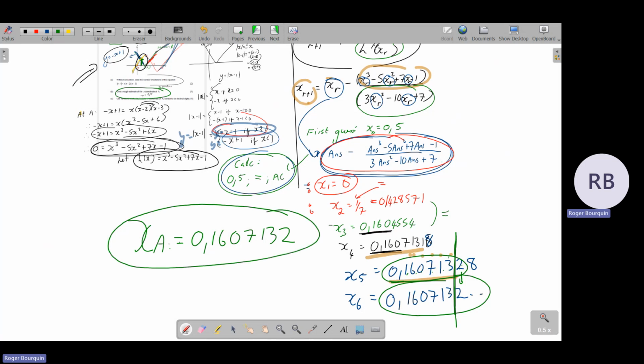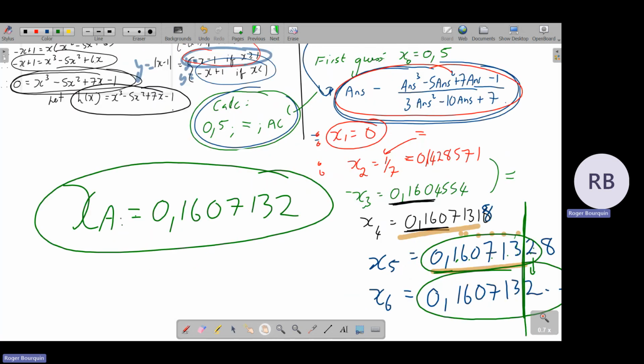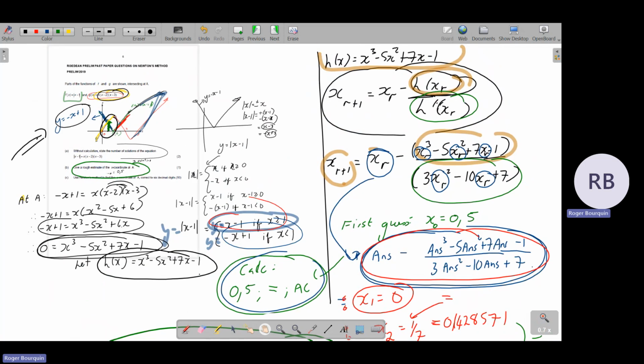What have you worked out? You've worked out the x-intercept of this point of intersection over here, which is 0.1607.